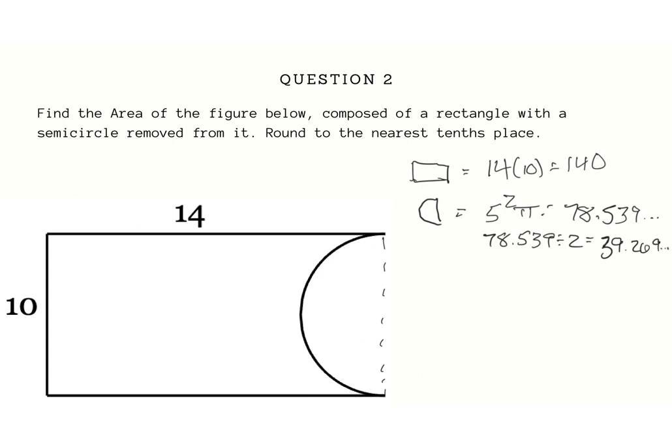We're going to subtract that from 140, so 140 minus 39.269 to get our total of 100.73. Looking at the hundredths place, we're at a 3 again, so my final answer will be 100.7 units squared.